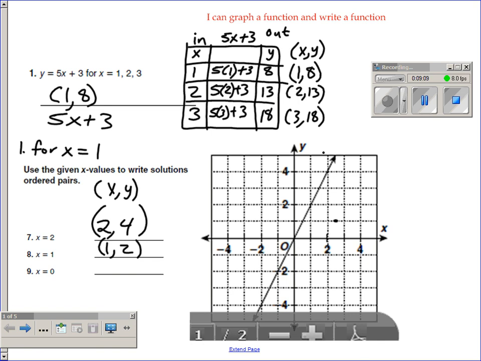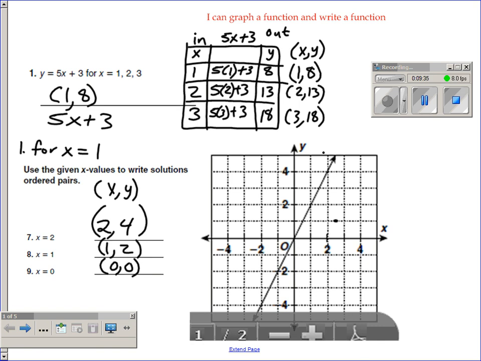Now, when X is 0, Y is 0. If we're on 0, 0, does anybody know what that's called? It's called the origin. Okay?